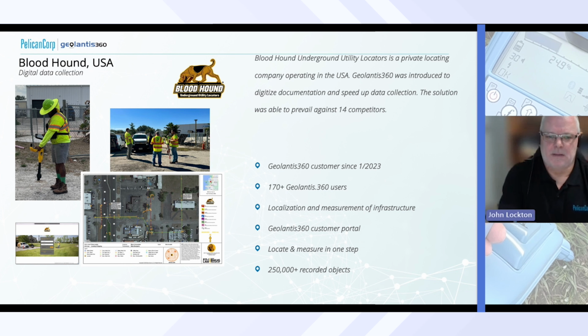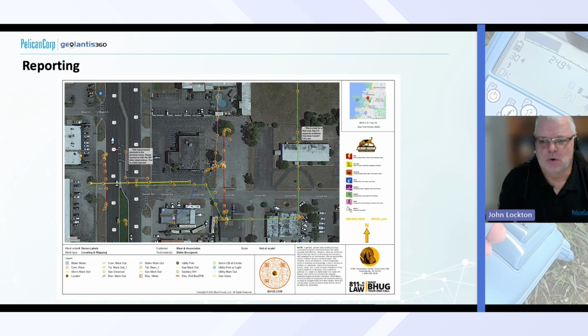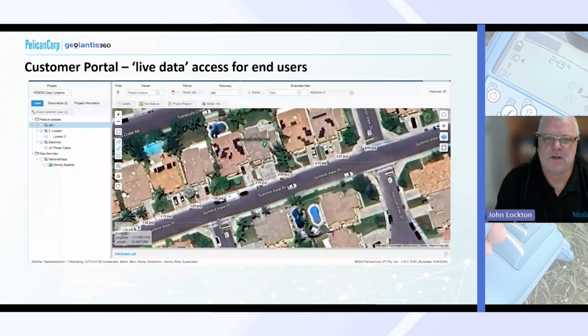So a couple of examples of what they actually do produce. The first one, yes, they produce a PDF plan with the detail of the underground assets that they've captured. But they also can provide live data to their customers so that they can be more informed, either when they're preparing for the job, but also when they're in the field.